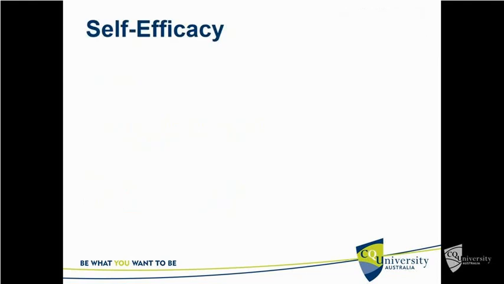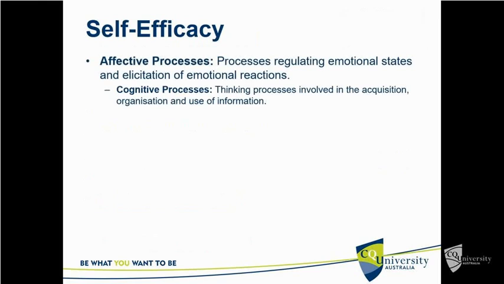Self-efficacy, we should all be along these lines, so effective processes. Processes regulating emotional states and eliciting emotional reactions. What sort of processes can affect the way you feel about things and other people feel about you? There's a cognitive process, thinking processes.